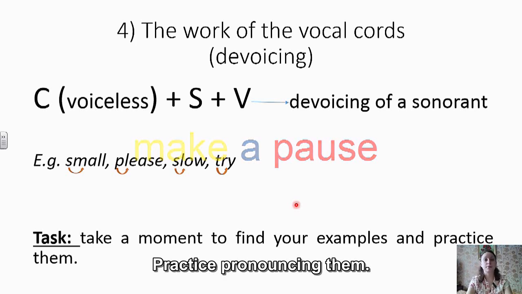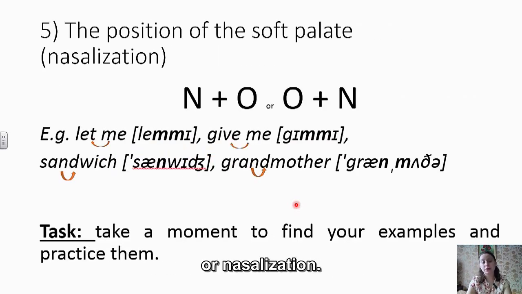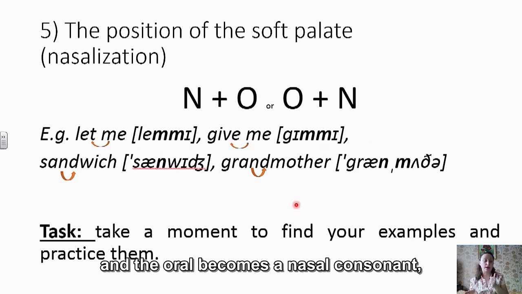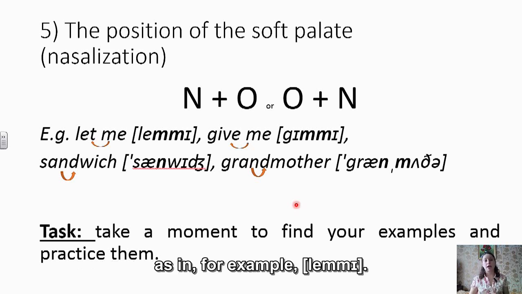Practice pronouncing them. The position of the soft palate, or nasalization. This happens when you have a nasal consonant and an oral consonant. The nasal consonant influences the oral one, and the oral becomes a nasal consonant, as in, for example, lemmy.